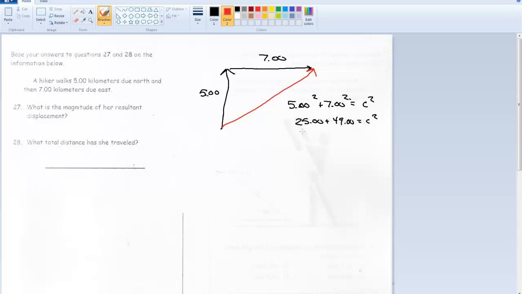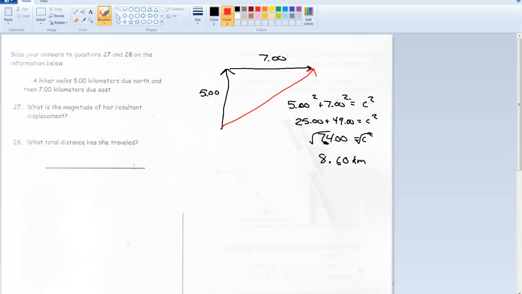So if we add this together, we're going to get 74. So it's 74 equals c squared. Take the square root of each side. And I'm getting 8.60. And this is a distance, so this is 8.60 kilometers.